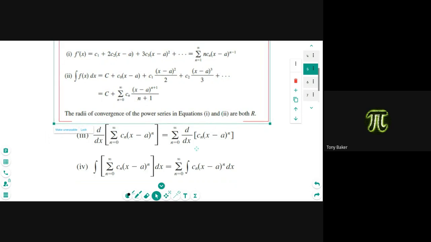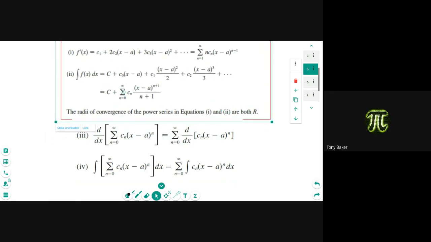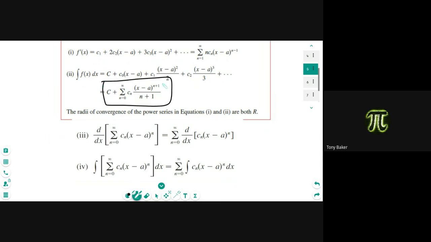Yeah, this one's giving you the actual integral of the power series. You add 1 to the exponent, bring the exponent down. What this statement is saying is that the summation doesn't actually restrict you from doing the derivative or the integral of whatever's inside of it.